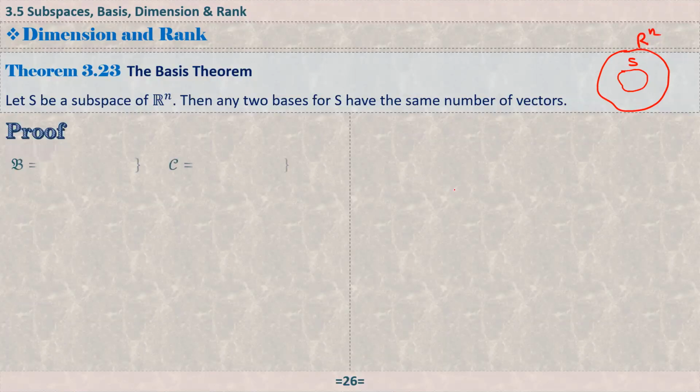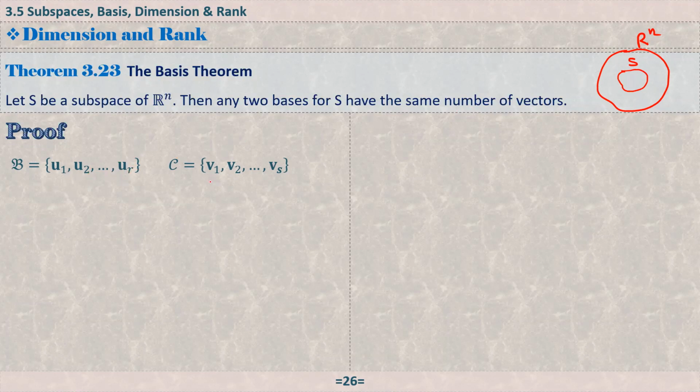The first one has r vectors, u1, u2, ..., ur. When we say basis, we know that it spans this subspace S, and also the vectors u1, u2, ..., ur are linearly independent. That is the definition of basis.